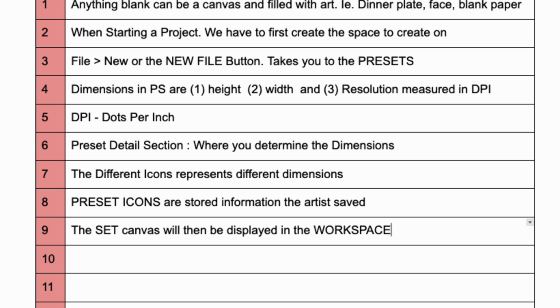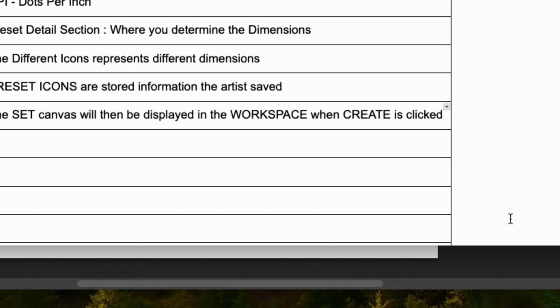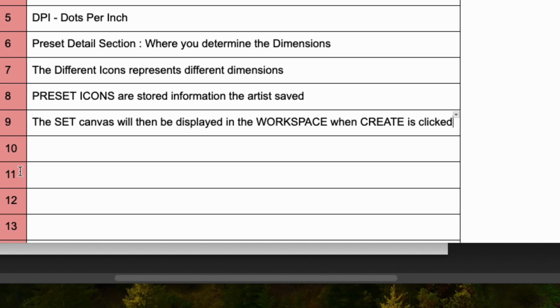The set canvas will then be displayed in the workspace when create is clicked. Okay, so that's it right there. Sorry about that. Let me move this up a little bit because not all of you can see. When you make the dimensions, you double click or you press create, whichever works for you. It'll open up Photoshop and your canvas will appear. Pretty cool.